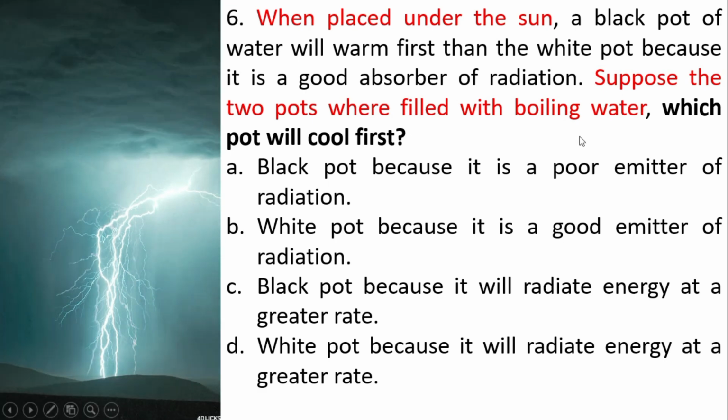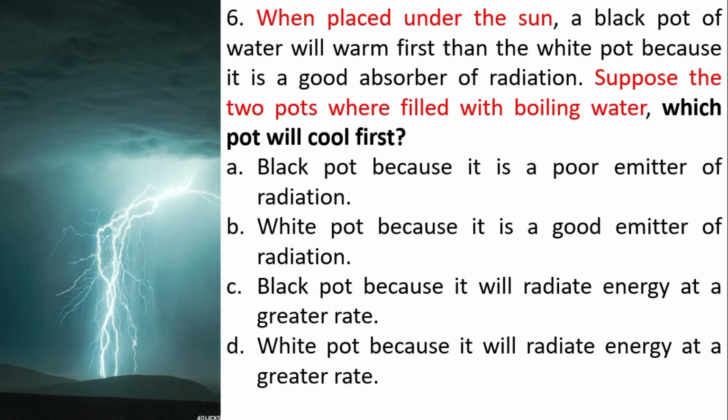Again, the black pot will warm first because it is a good absorber. Okay? So, when a material is a good absorber of radiation, it absorbs more temperature. When it absorbs more temperature, it will radiate energy at a greater rate.